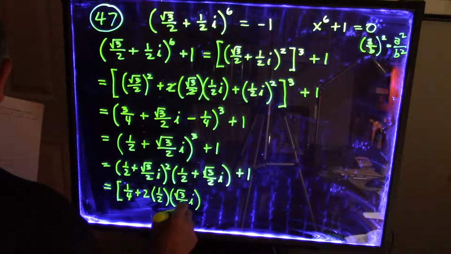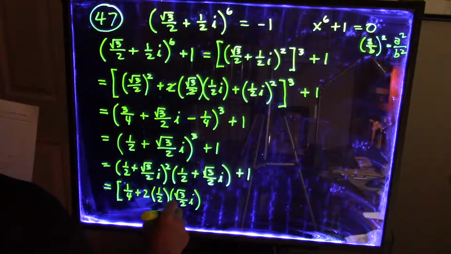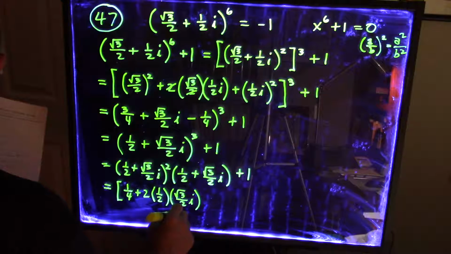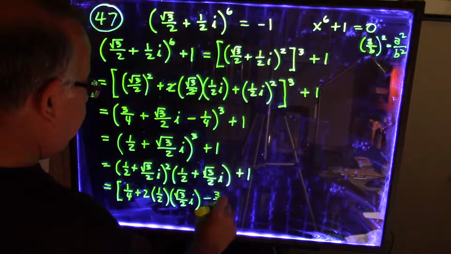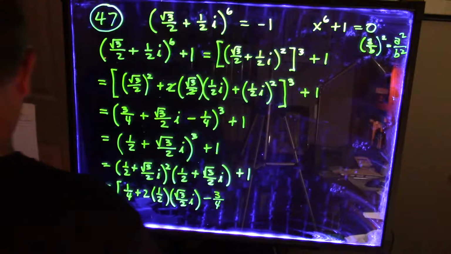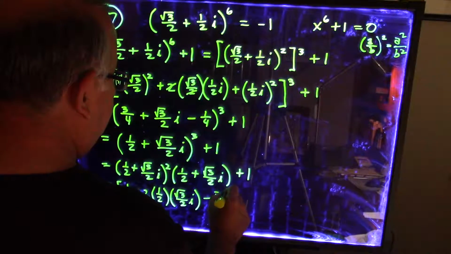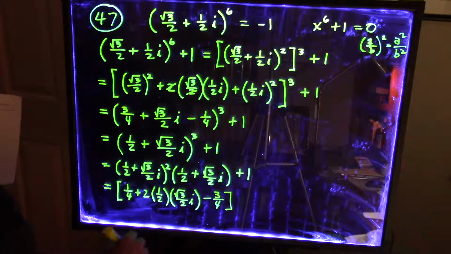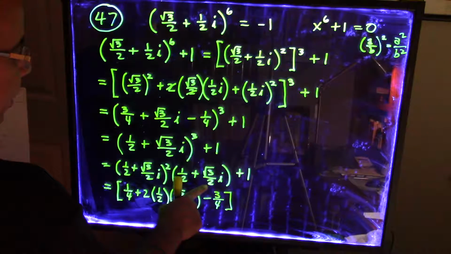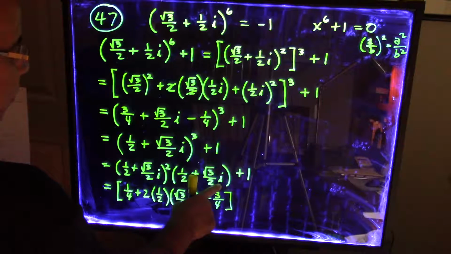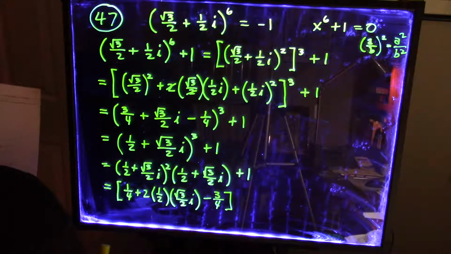And didn't we already do that? That's minus 3/4, I believe, right? Minus 3/4. Because when you square that, you're going to get 3/4 i squared, which is -1, so it's minus a 3/4.